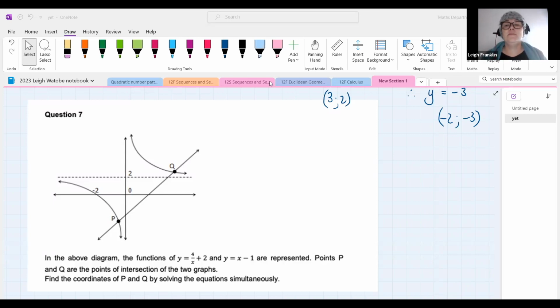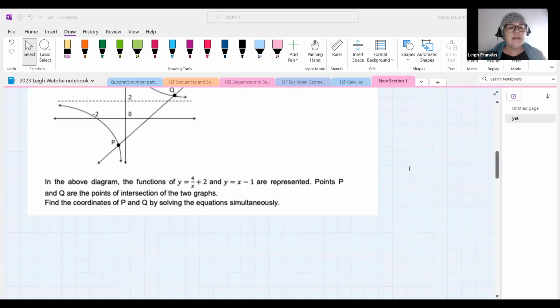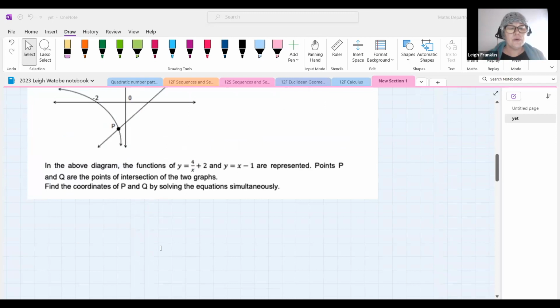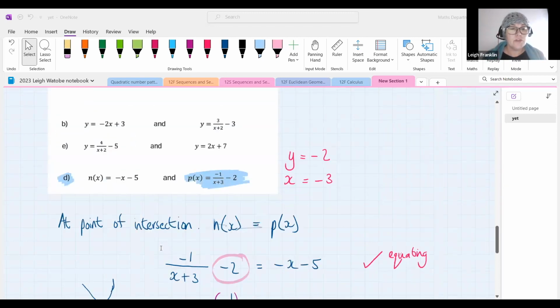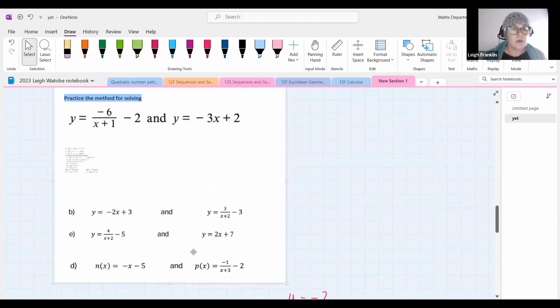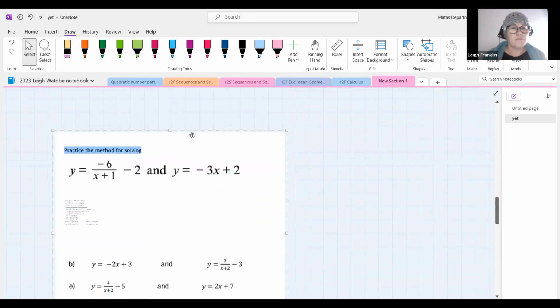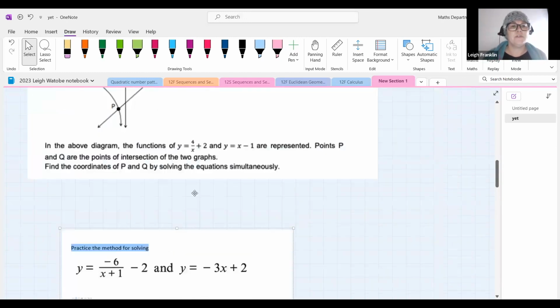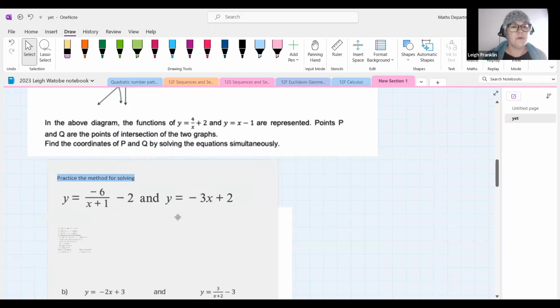Okay, Tsegofatso, let's give you another one to try. Just move this up, Tsegofatso. Sorry, everybody, if you're still just busy with this one.